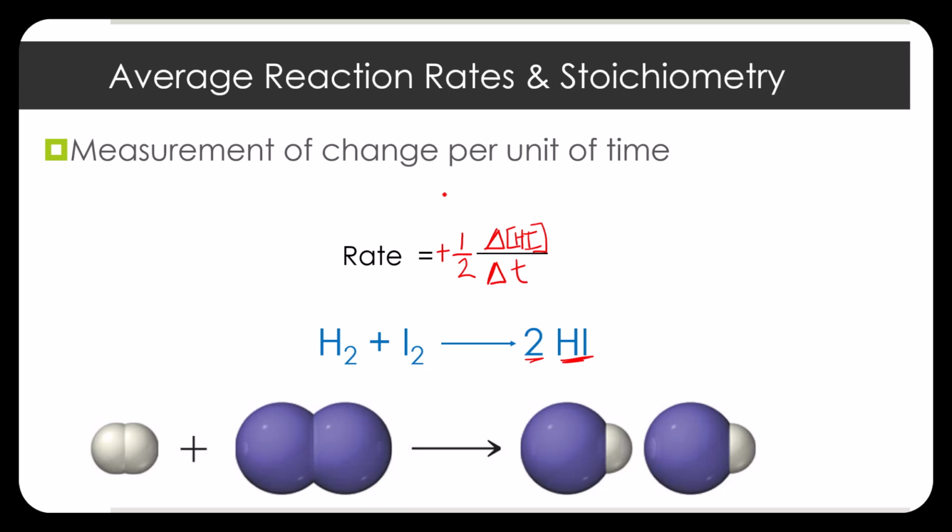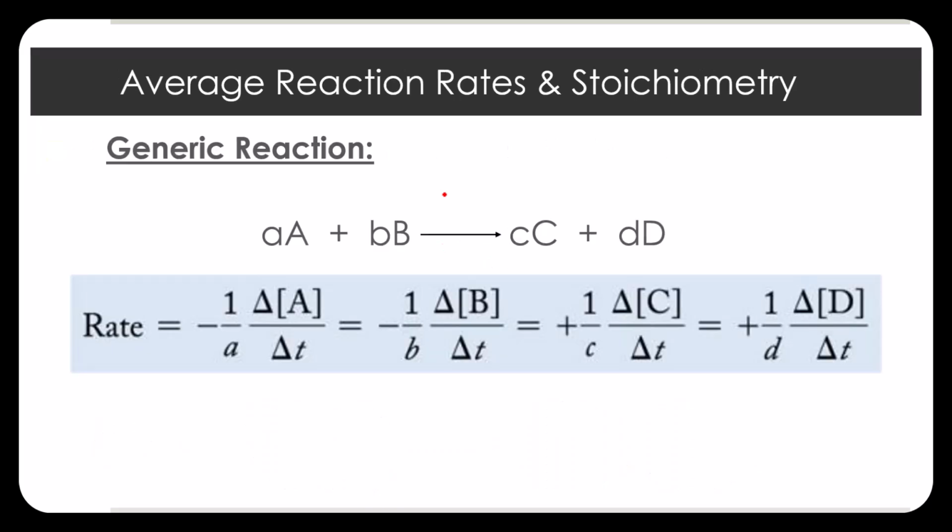So this was an example of, for this particular problem, here's your generic formula for writing the average reaction rate. So here we have A reacts with B to produce C and D. These little a, little b would be the coefficients.